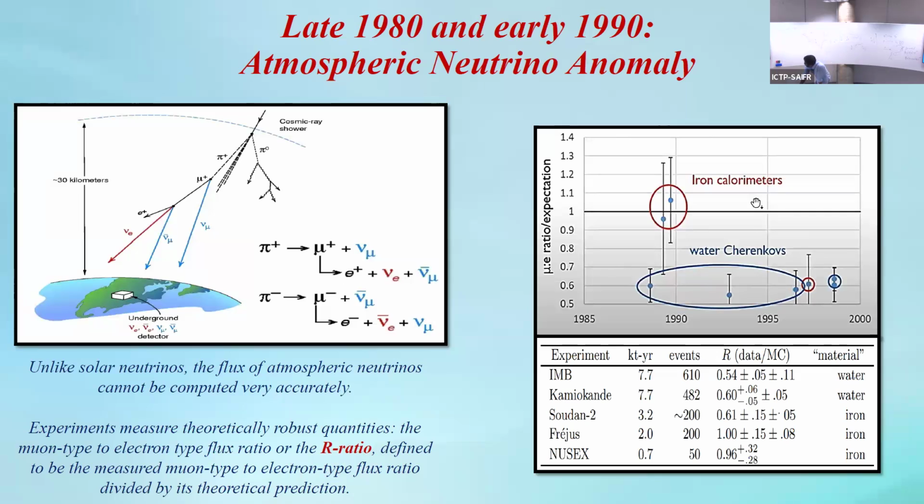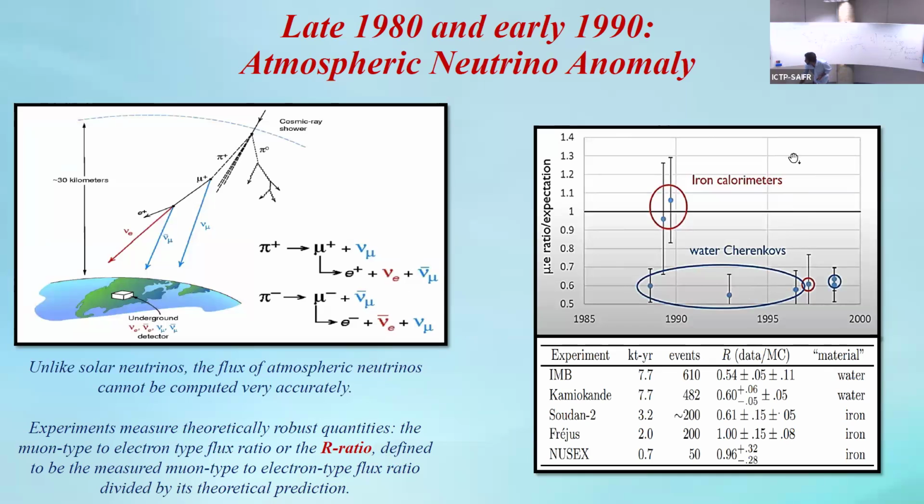During those times, there were 2 types of detector detecting these atmospheric neutrinos. For atmospheric neutrinos, cosmic rays come in, hitting the atmosphere, say 50 kilometers above, and they produce pion decay, and you get these neutrinos, and you can get muon type events as well as electron type events, so you can define the R ratio.